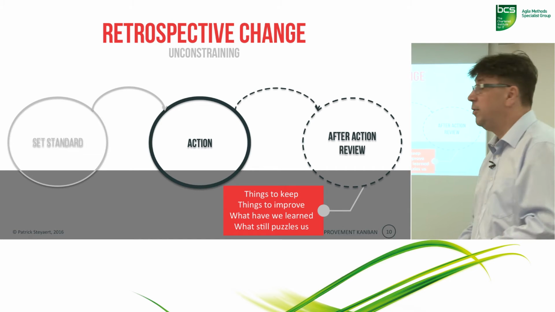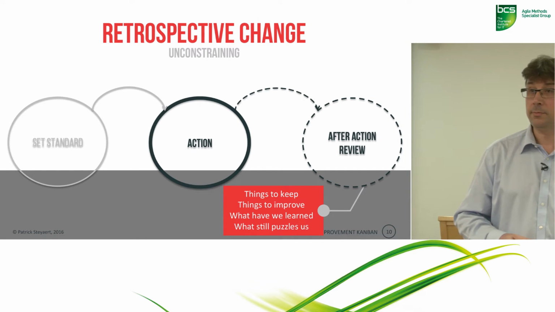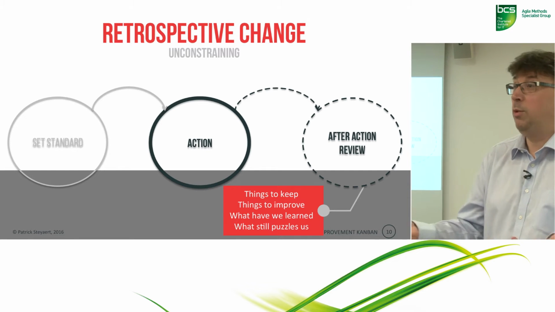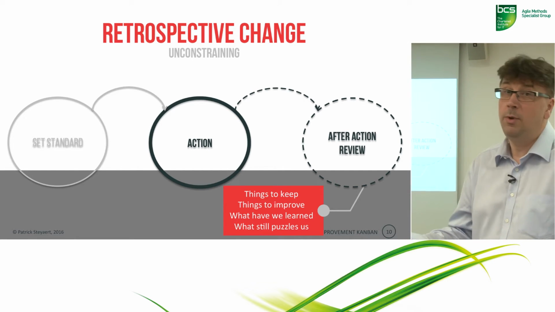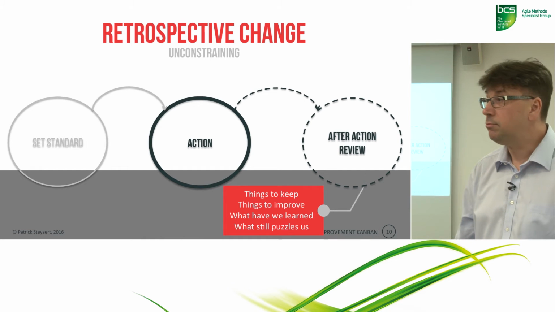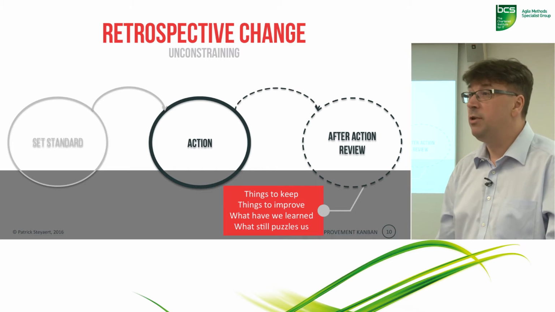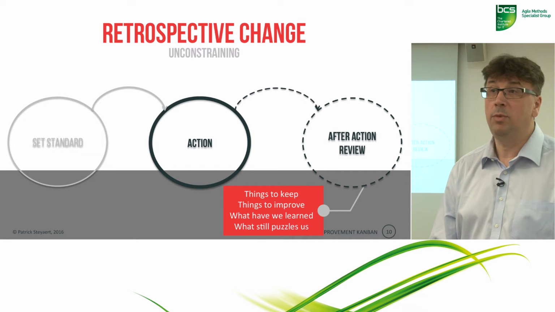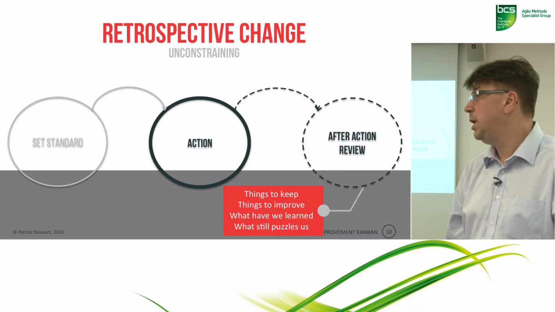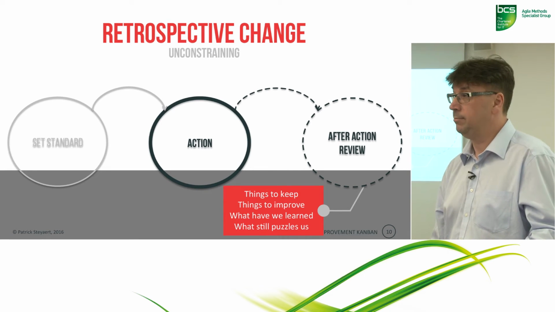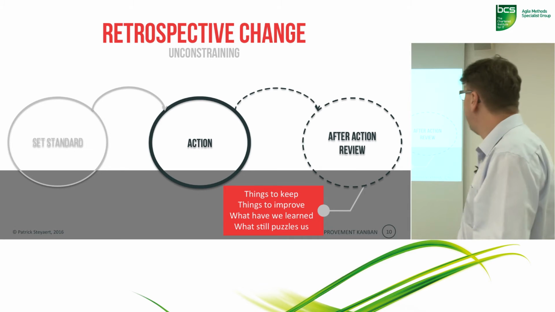This is very unconstraining in the sense that we ask what went well, what do we need to keep, what can we improve, what can we learn from this. So it's very much unconstraining. If there is a standard, even the standard can be put into question. Okay? So it's very unconstraining.